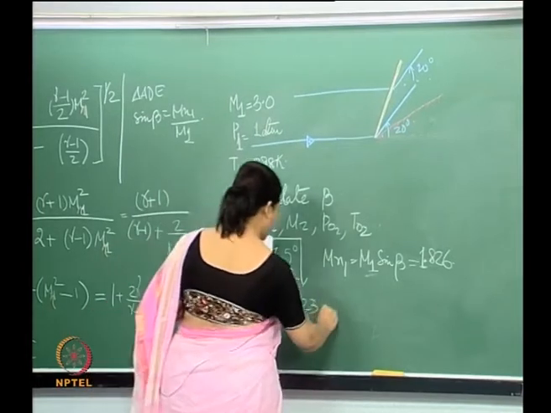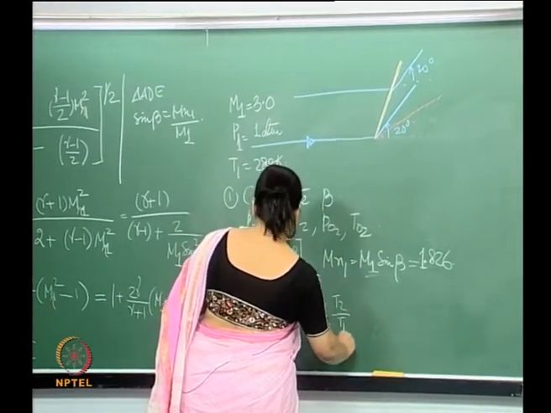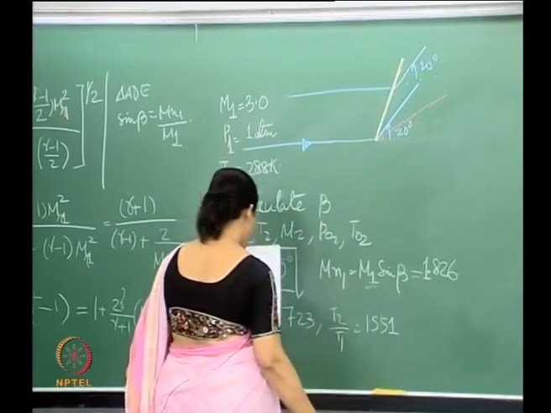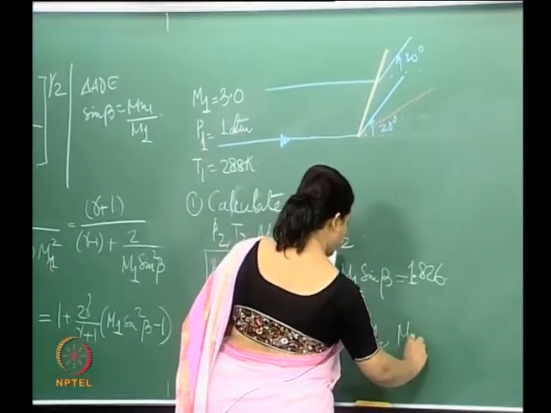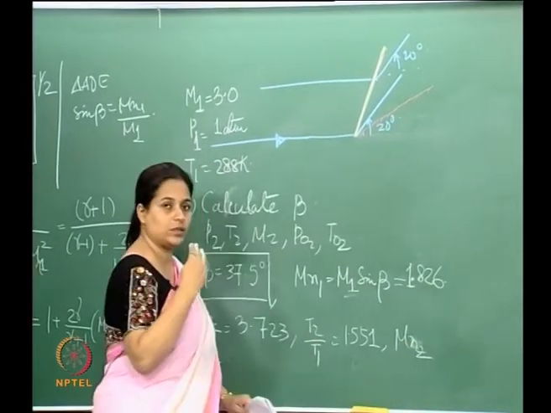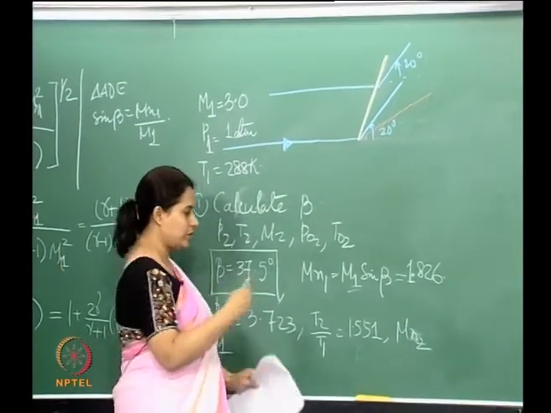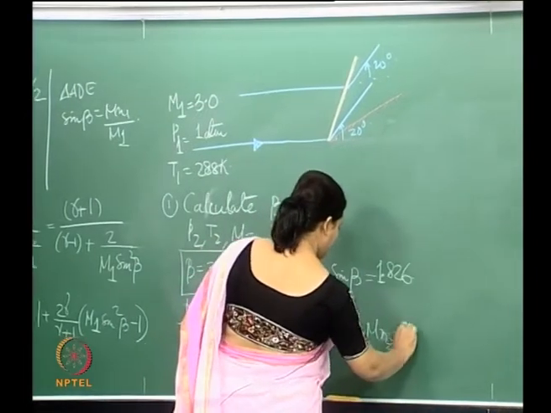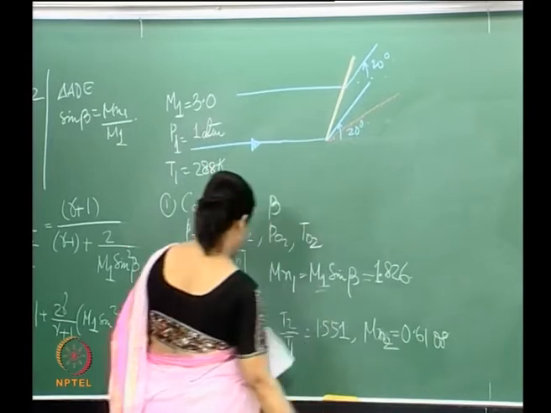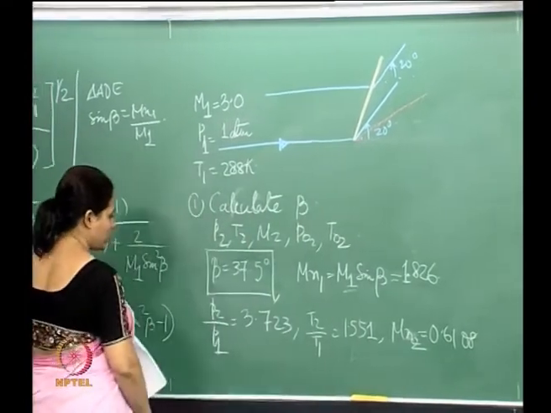This is what I got. T2 by T1 is 1 point something, and this is the M2 for normal shock, which is Mn2 over here, equal to 0.6108.